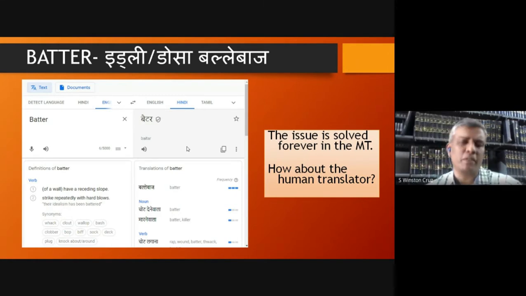But what happens if this person leaves and the next person takes over as translator, and the one who helped the previous translator is also not available? What will they do? From where will they get that information? It is not possible to pass on the information just like that where human translators are involved.